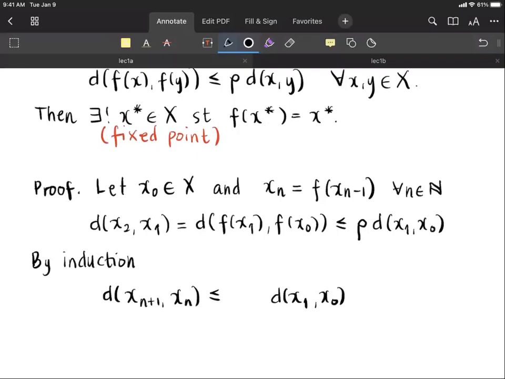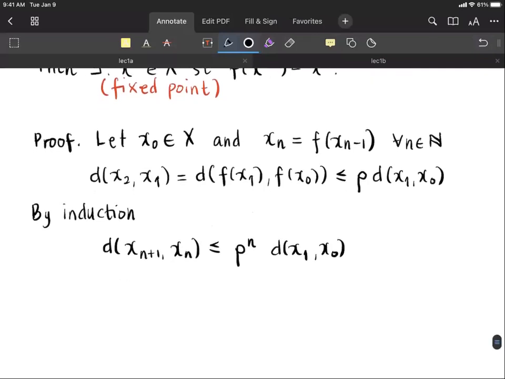In other words, you need to apply the fact that the function is a contraction n times. Thereby, you will have a constant rho to the n in this inequality.